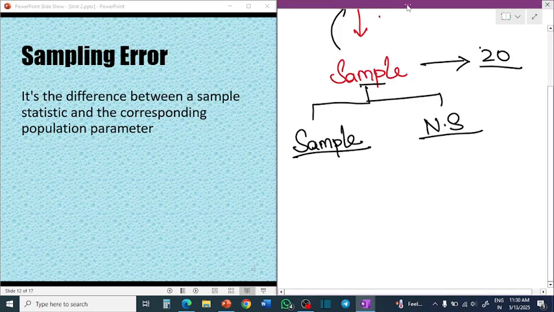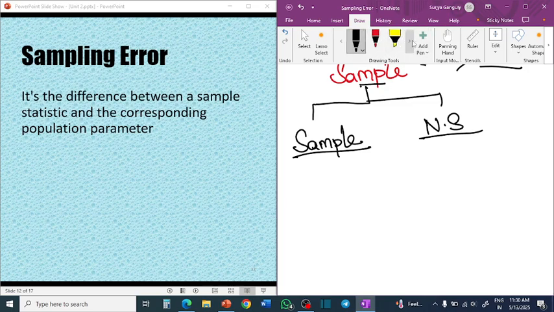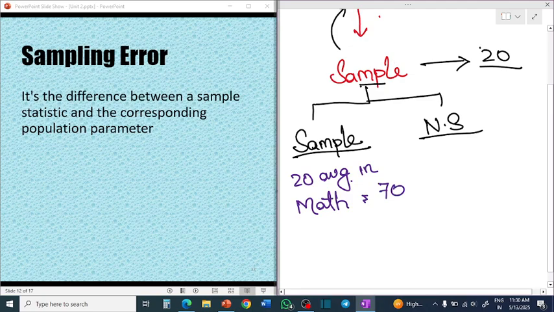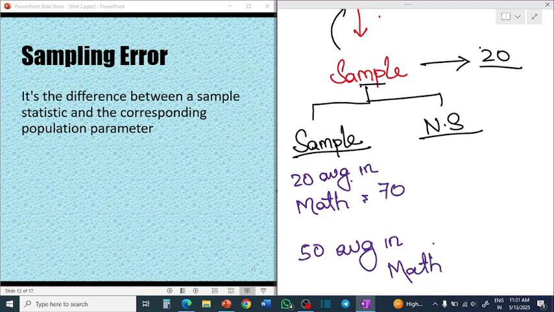You will see the average marks in mathematics. Maybe the average of the 20 students in mathematics is 70. But when we calculate the average of all 50 students in mathematics, it comes to 60.